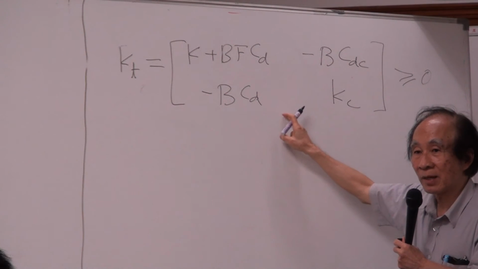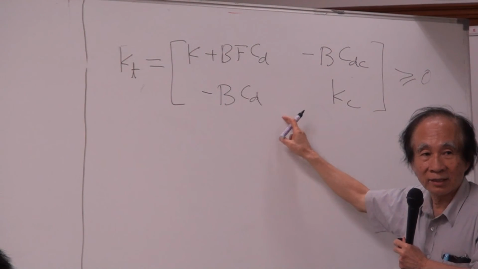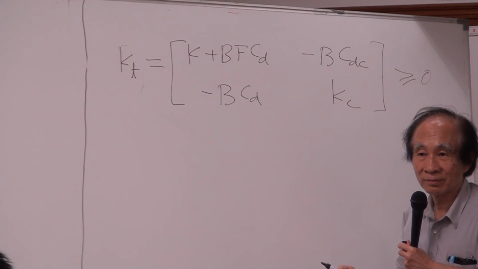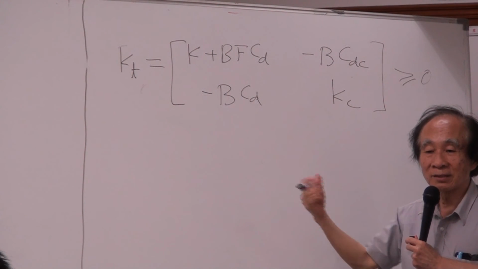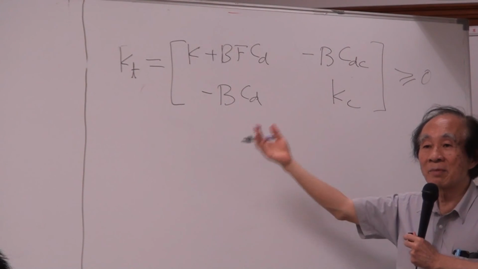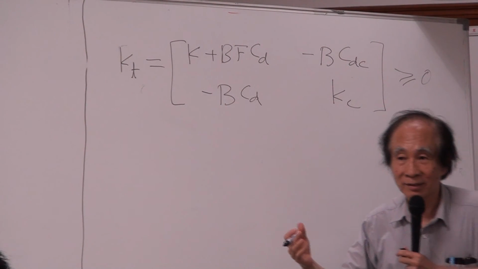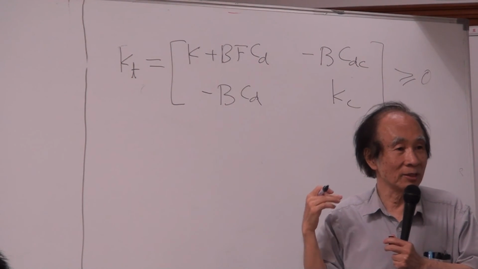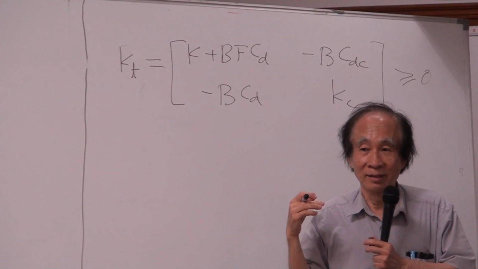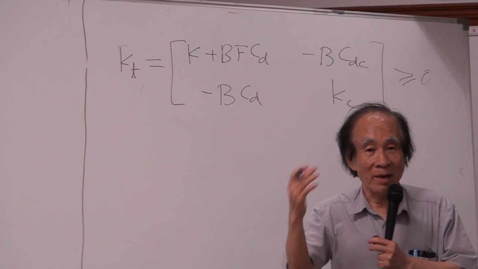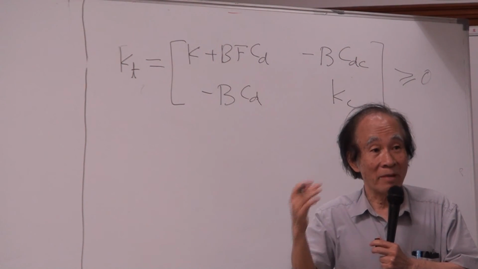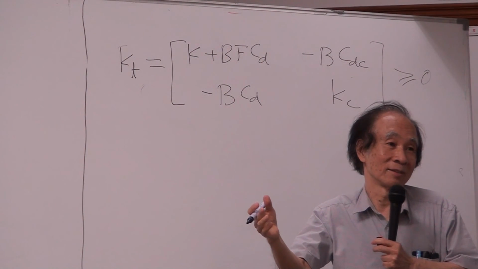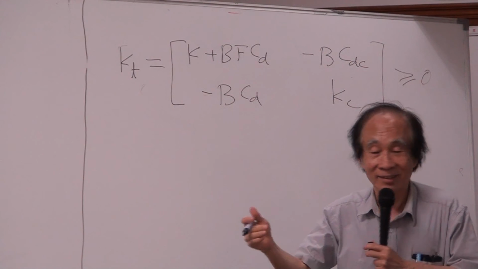To make sure this is positive definite, what is the first thing we have to do? What do you mean by positive definite? A positive definite matrix has to be what? And this can be a midterm problem, you know? For a matrix to be positive definite, the matrix must be symmetric. Right?